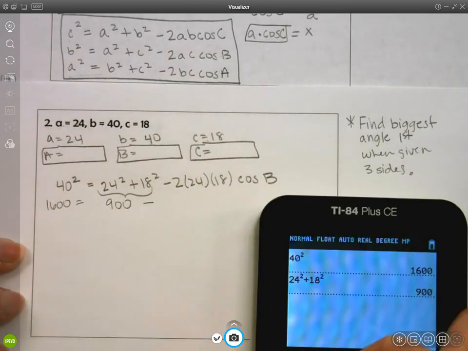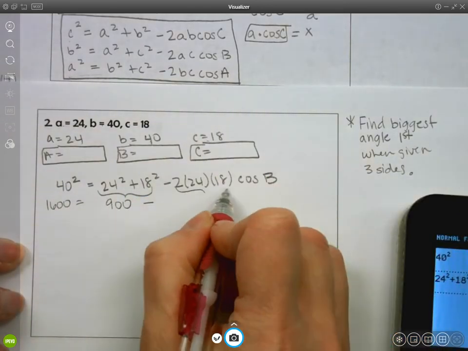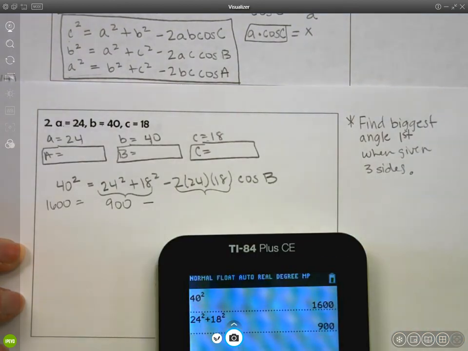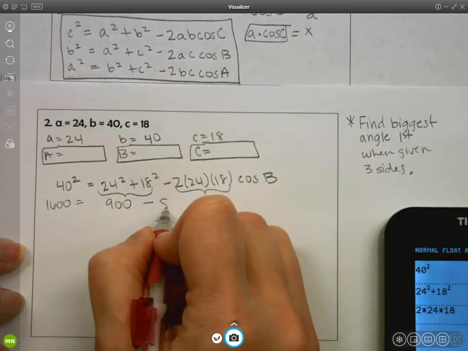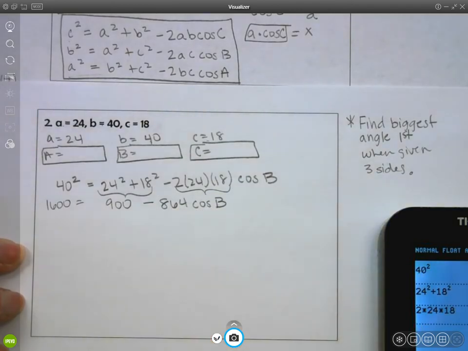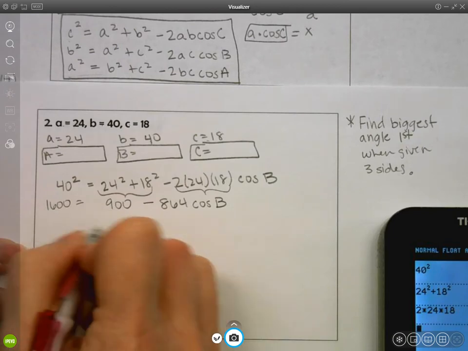And then I can go ahead and multiply these numbers. So 2 times 24 times 18 gives me 864 cosine B. All right, so now I'm going to subtract 900.